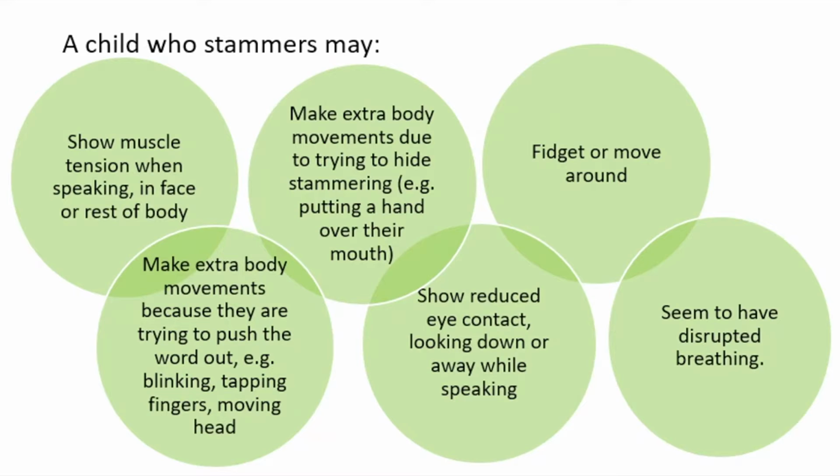They might make extra body movements because they're trying to push a word out, like blinking or tapping their fingers or moving their head in a particular way, because they're trying to force a word out. They might make extra body movements just to try to hide the stammering that's happening. So they might hide their mouth with their hand or turn away from you. They might show reduced eye contact, so they might look down or look away when they're speaking to you.